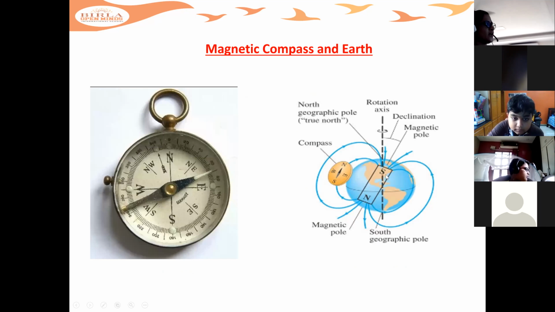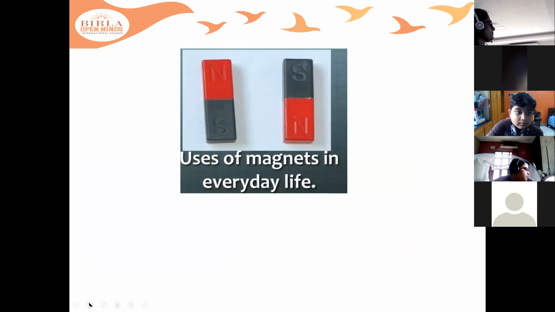So we can easily find where the south pole of the earth is located on the globe, and this compass will show the direction in which you have to move. So this is how the sailors use this compass.